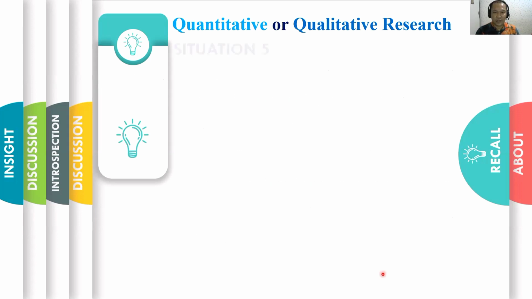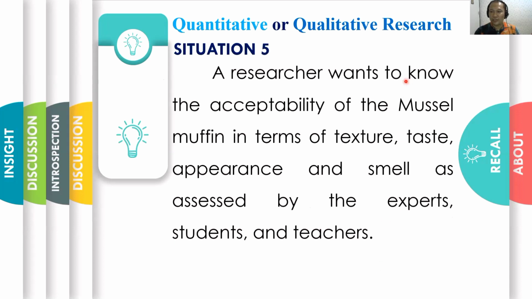Next, the last situation. A researcher wants to know the acceptability of the mussel muffin in terms of texture, taste, appearance, and smell as assessed by the experts, students, and teachers. In this case, we are looking for the acceptability, and the acceptability is expressed in terms of level of acceptance.